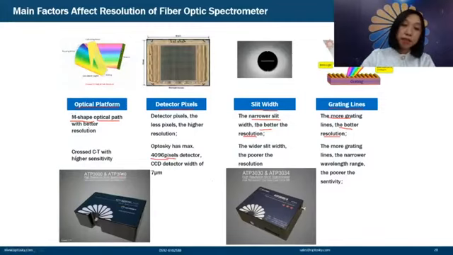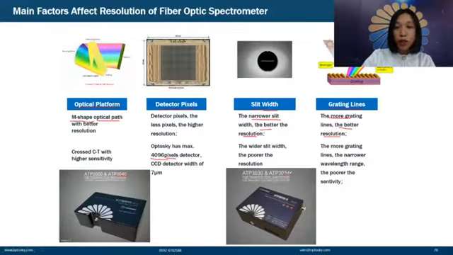And this is Optosky's high resolution model, like ATP 3040. It has 4096 pixels, and it also uses the cross CT.